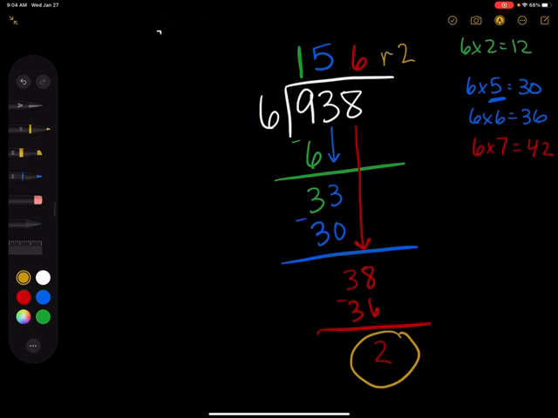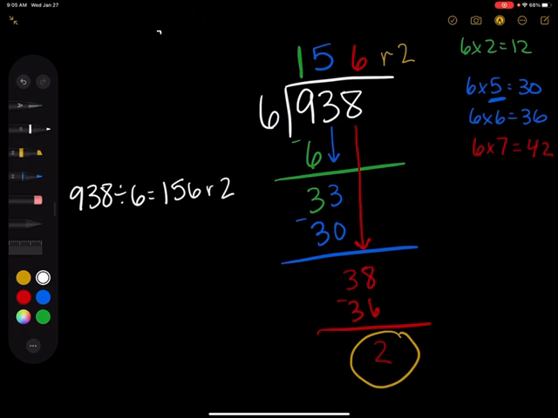Okay? And if we wanted to check ourselves, what we're actually saying, so remember I said we're saying 938 divided by 6 equals, so 938 divided by 6, we know that it equals 156 remainder 2.